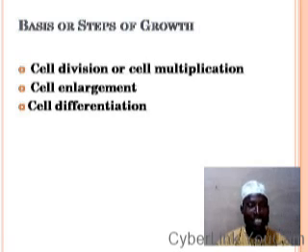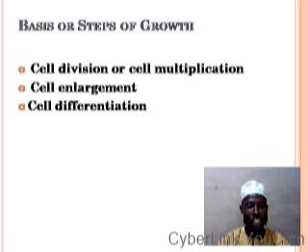Then cell enlargement follows cell division. Cell enlargement is the process whereby the daughter cell increases in size, length, and mass or weight. The next step is cell differentiation.